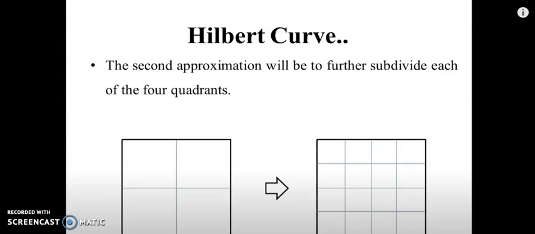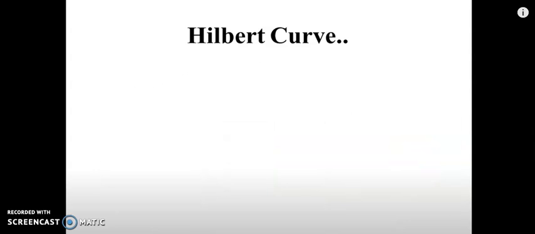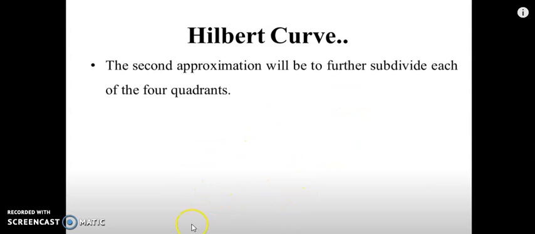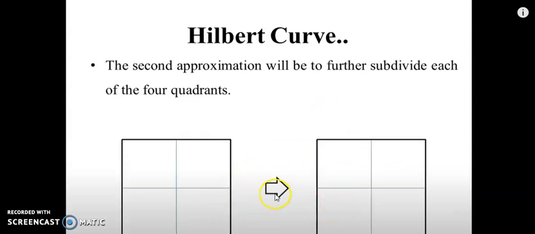Next, in the second approximation, we further divide the square into 4 quadrants.